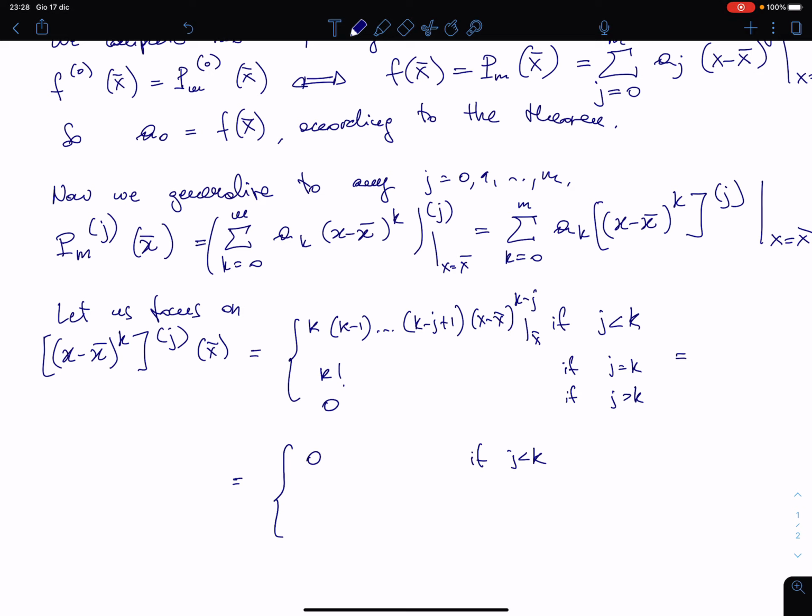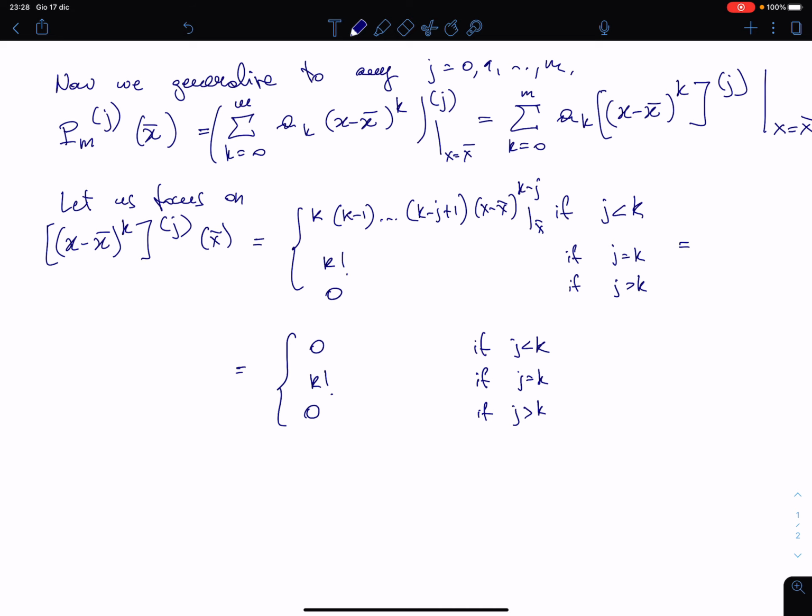0. For the rest, it is easy, because if j is equal to k, you obtain k factorial here, and if j is larger than k, again here you obtain 0. So here we go back to Pmj of x bar.